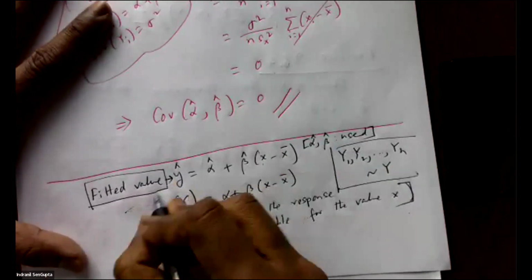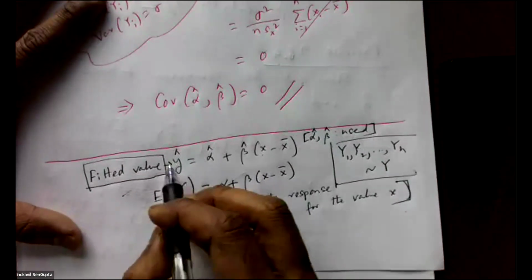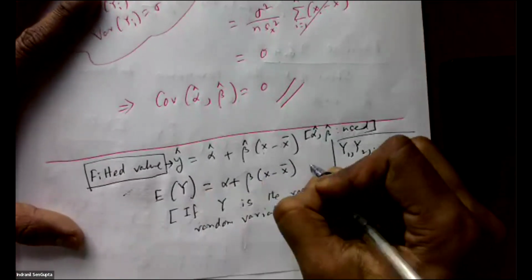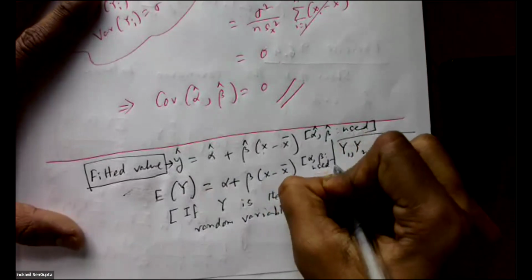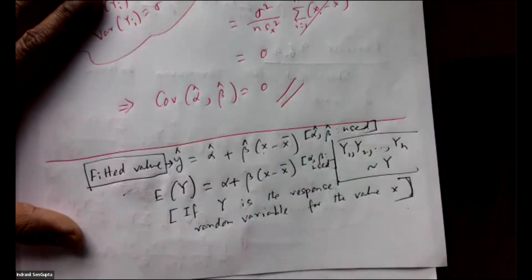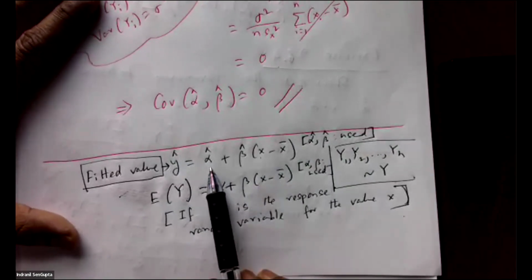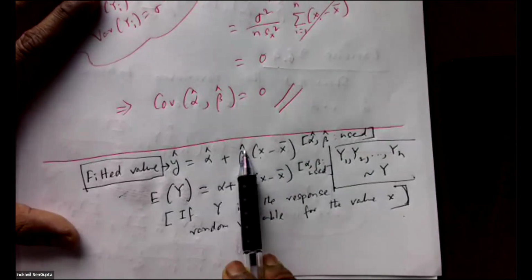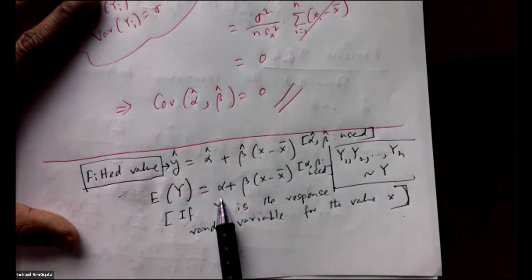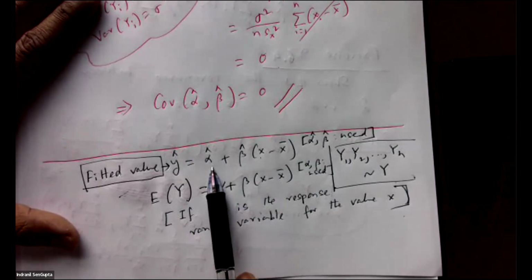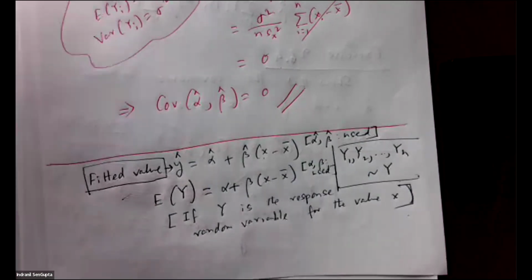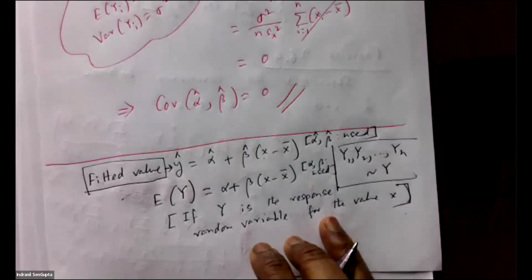And this is the expected value of the random variable y. Here the original alpha and beta from the model are used. These two are different things. Here alpha hat and beta hat we have computed, but here alpha and beta are coming from the model, which we can of course estimate best as alpha hat, but this is what it is. So really speaking, it's alpha plus beta.